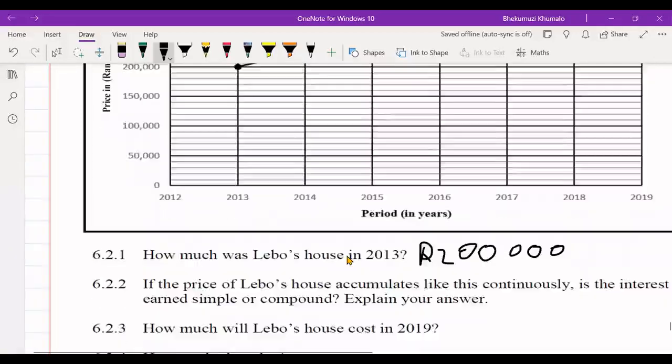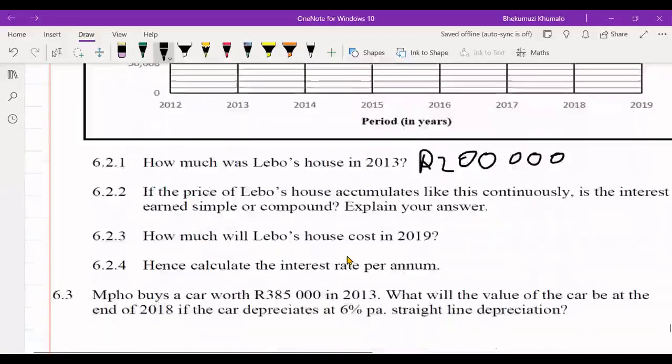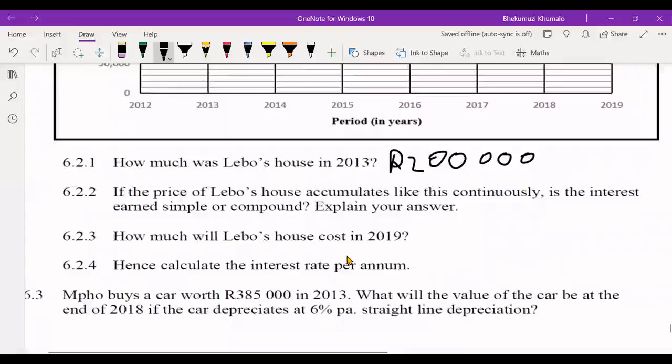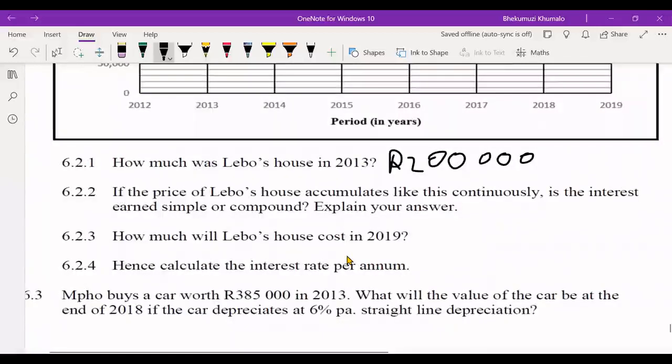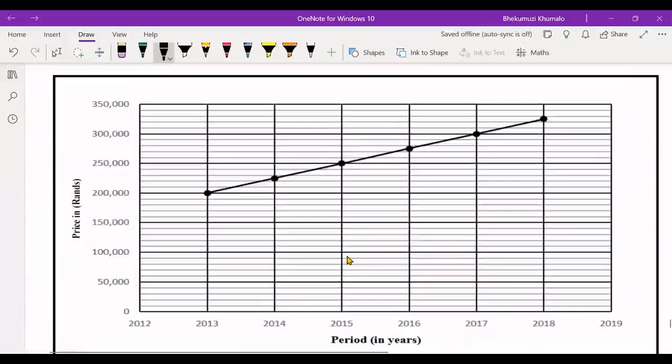The next question says, if the price of Label's house accumulates like this continuously, is the interest earned simple or compounded? This one is quite interesting because this graph is just a straight line going upwards, meaning it's accumulating.